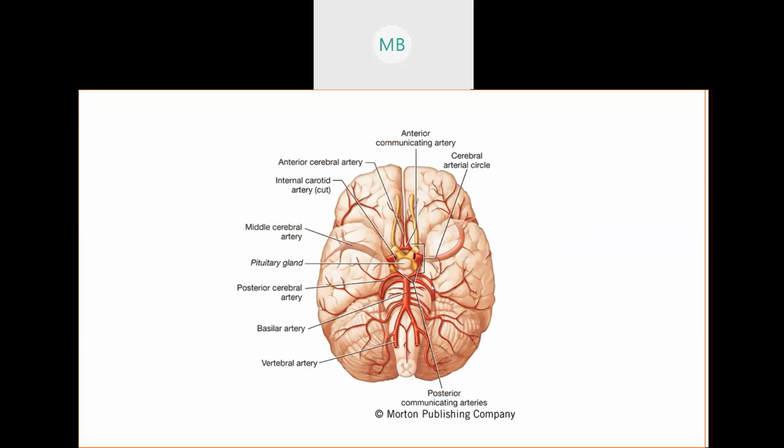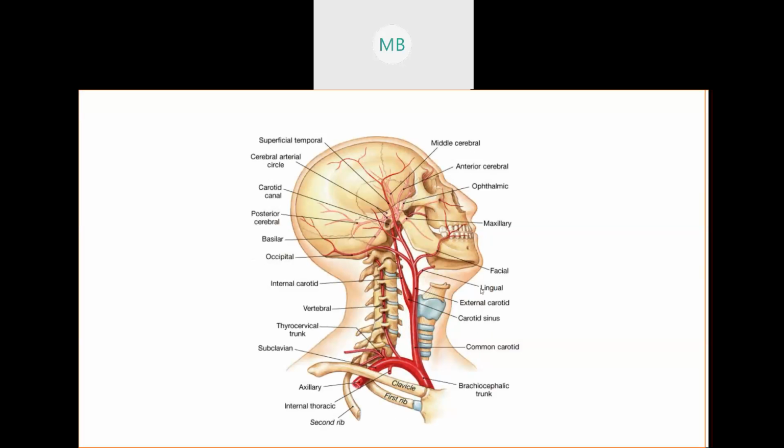We are going to look here at the bottom of the brain. This is a good image of the Circle of Willis, and we are going to come back to this. But your basilar artery is one of the branches off of the Circle of Willis and part of what feeds it. So your basilar artery, bear in mind that for all of these, you have a left and a right vertebral artery, remember?